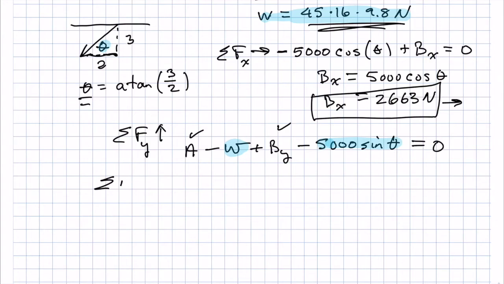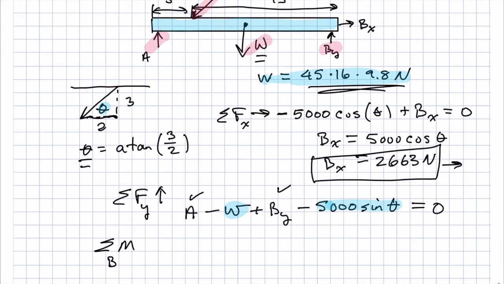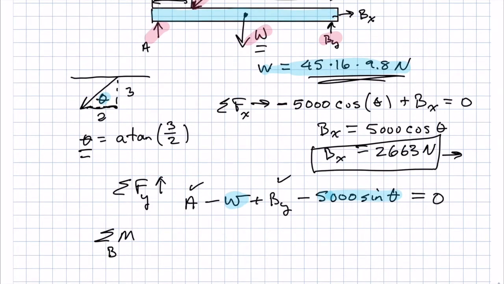Sum of moments about a point. Let's do it about point B. It doesn't really matter, you could do A. It's about the same amount of work. About point B, I have a moment generated by W. That would be in the counterclockwise direction, which is what we're taking as positive.